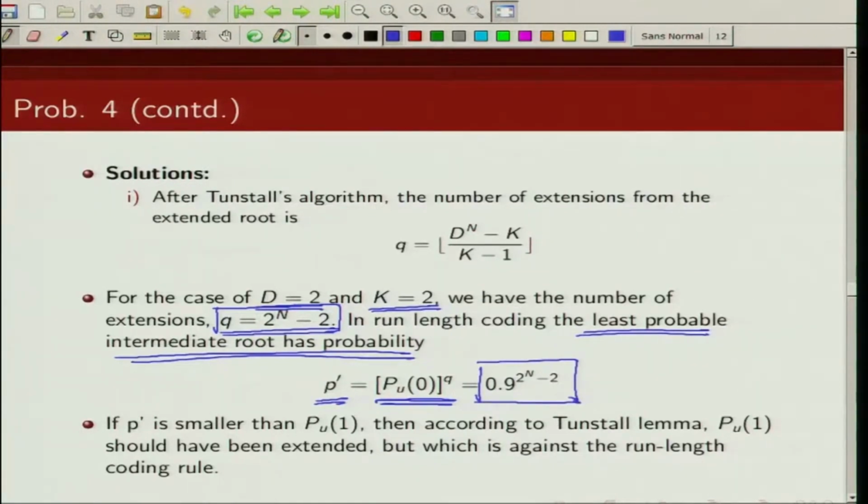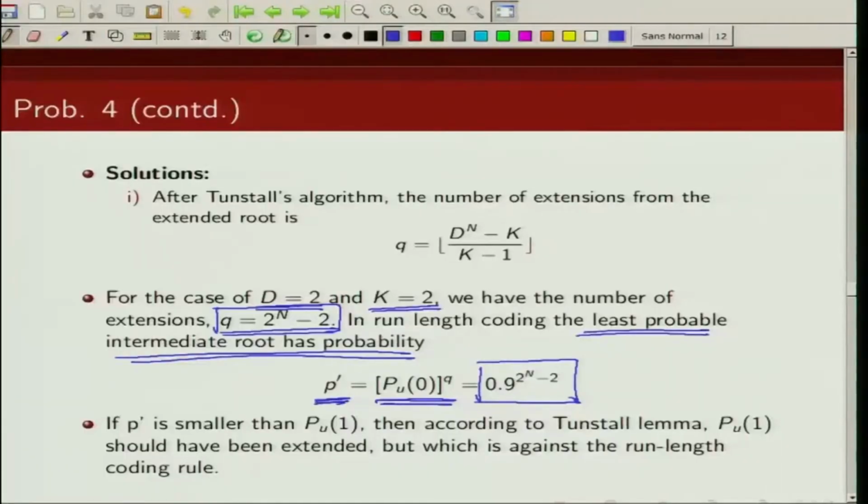Now, for it to be run length coding, every time we are extending, we are having runs of n zeros. So, this probability p dash, if this probability is smaller than p of u, then according to Tunstall's lemma, we should have extended P of U equal to 1.